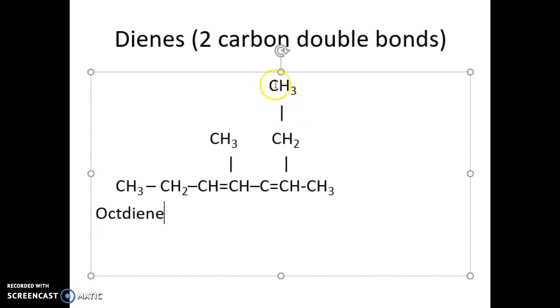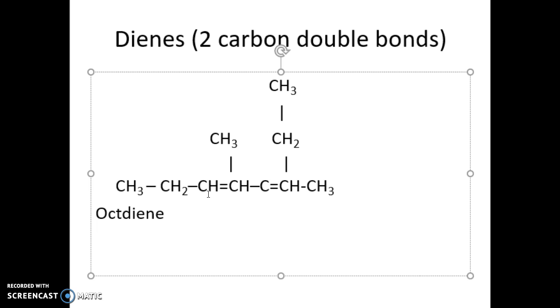Next thing we do is we look at this backbone that we've numbered and we go from this way. Sorry, correct me on that one. We need to base this on the double bonds. So here we should have 1, 2, 3 to get to the first double bond, or we come from this side and go 1, 2, 3.